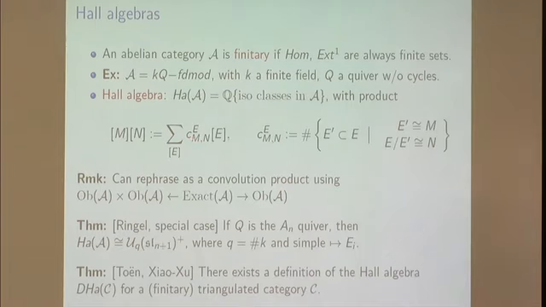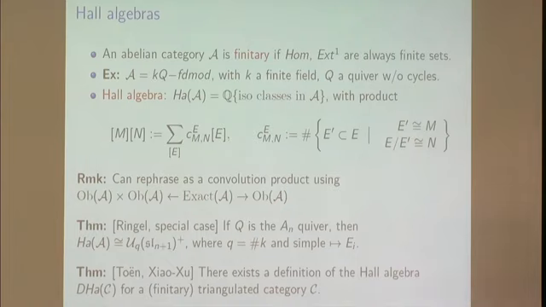If I want to multiply the classes of two objects, I get a sum over objects E, and the structure constants look like this. C_{M,N}^E is the number of submodules of E such that the submodule is isomorphic to N and the quotient is isomorphic to M. So you're summing over possible extensions of M by N, or N by M, whichever way. By the finitary condition, this is a finite number, and by the finiteness for Ext, this is a finite sum.